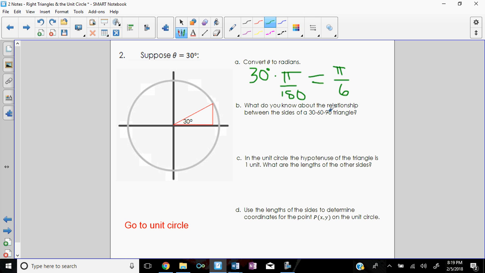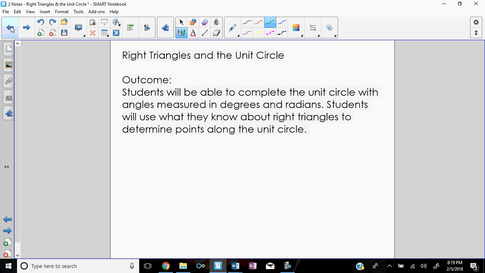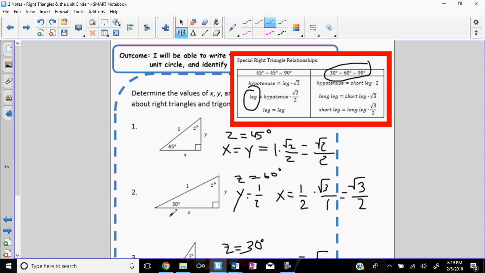And what do we know about the relationship between the sides of a 30, 60, 90 triangle? Remember, we said that this has a hypotenuse of 1. And if we go back to our warm-up, when we look at a triangle that has our angle at 30, the short side, we said, is just going to be 1/2 of the hypotenuse.